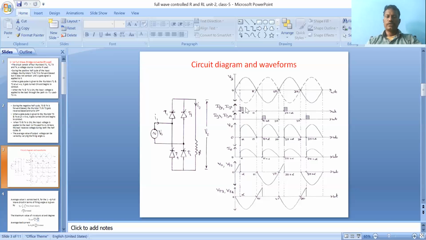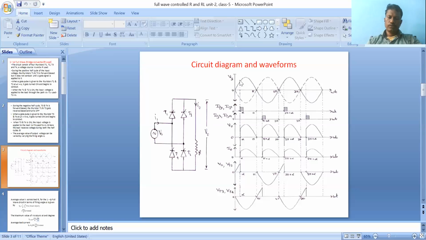Okay, let us take them one by one. The operation is the same as in the previous case, the single phase half wave, which had only one thyristor, but a single phase full bridge rectifier has four thyristors. In every half cycle, two devices come into conduction, either T1, T2 or T3, T4, depending upon the biasing, either forward bias during the positive half cycle or the negative half cycle.